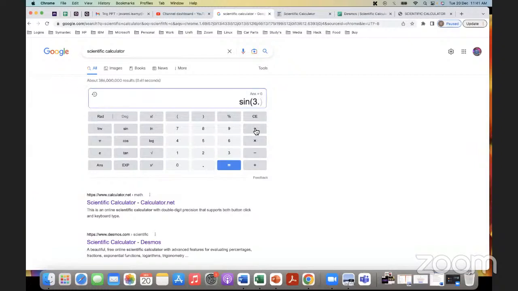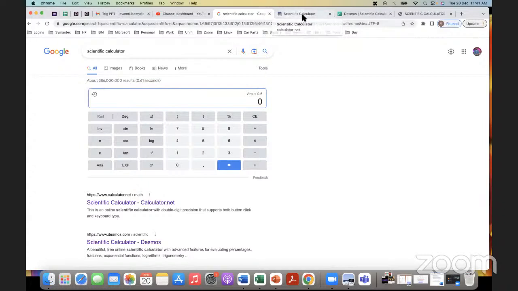Most calculators that have a display require you to put in the sine first. Did anybody see what happened to Sir a while ago? It was not in degrees, and so you got a negative answer. Exactly. You have to make sure that it is in degrees.